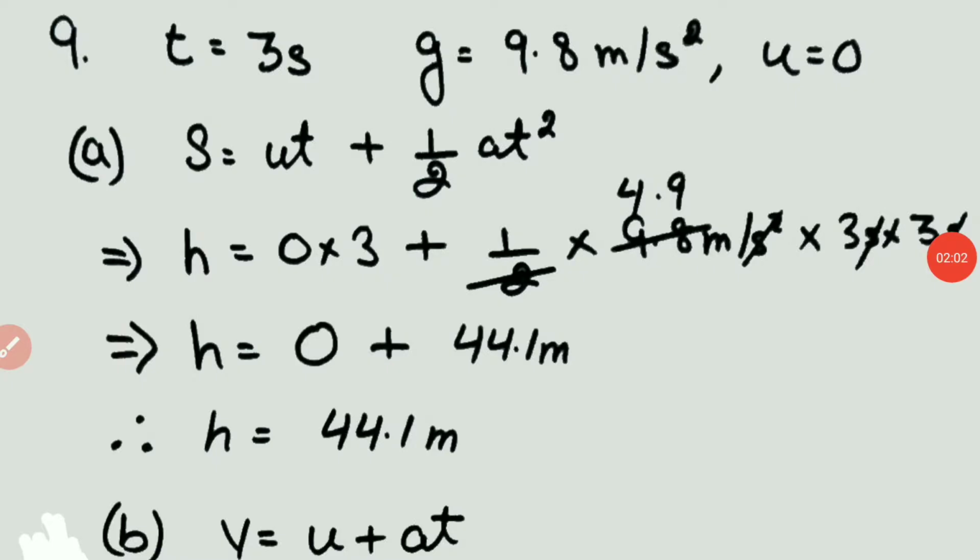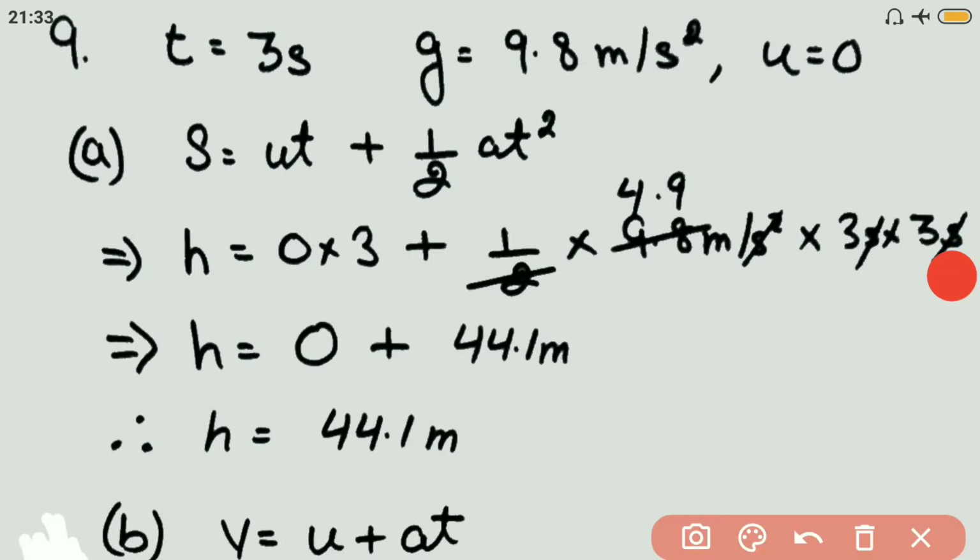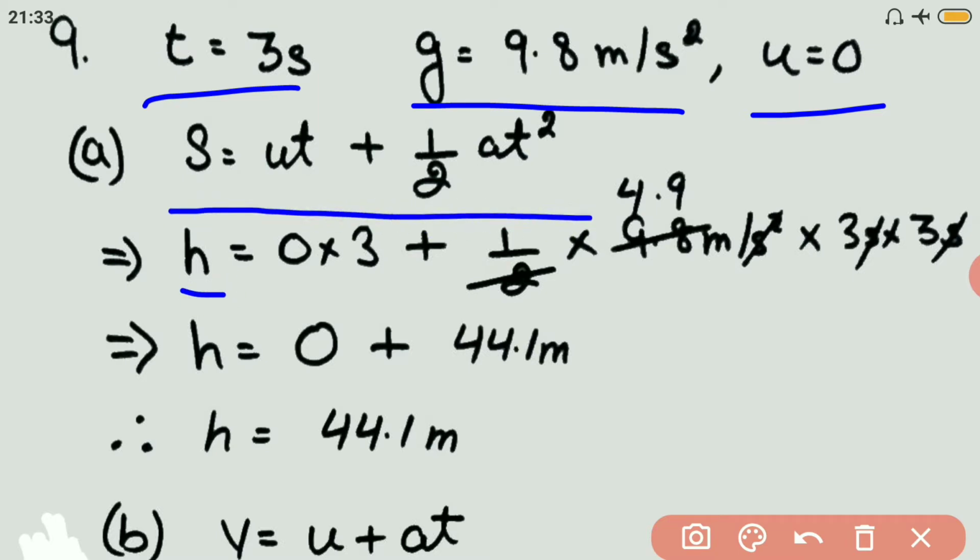Coming to the solution of number 9, the things given to us: time is 3 seconds and acceleration due to gravity is 9.8 meter per second square, where initial velocity u is 0. Now to calculate the height h, I'm supposed to use this formula, the second equation of motion, which is s equals ut plus half at square.